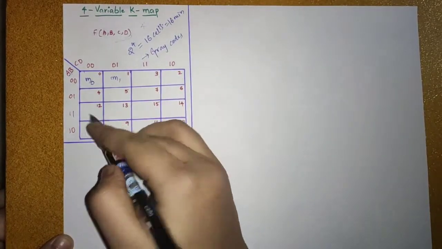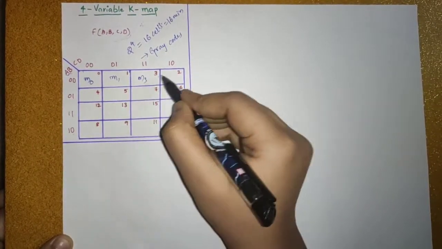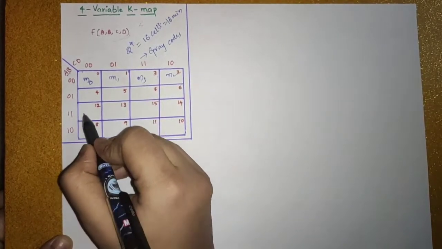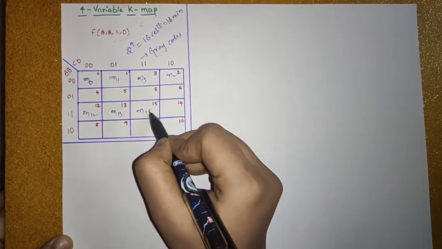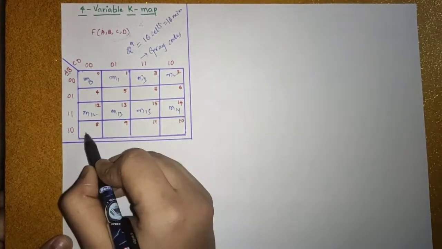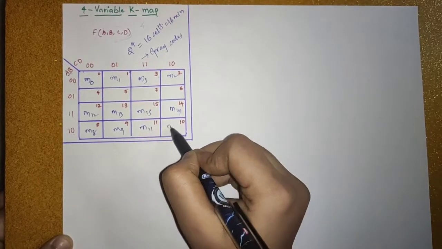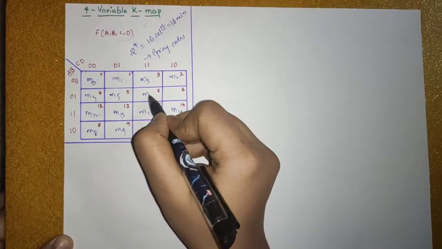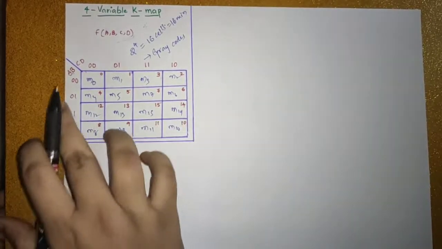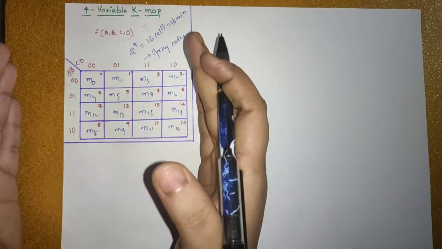Each cell represents its corresponding minterm: m0, m1, m3, m2 and so on, m12, m13, m15, m14, m8, m9, m11, m10. In this way write the corresponding minterms. So this is the 4 variable K-map.